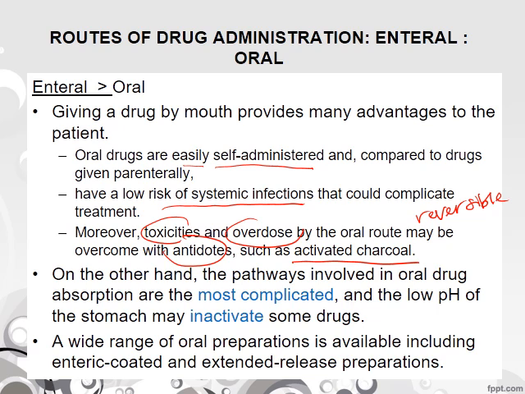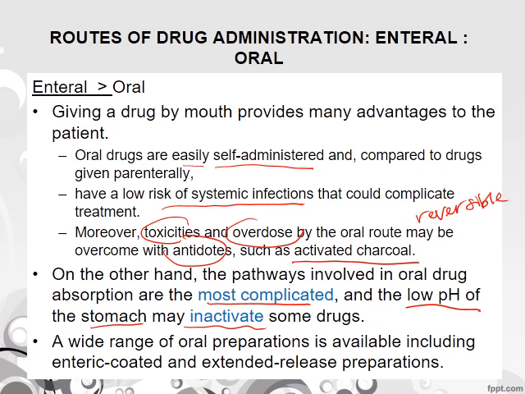However, despite the ease of self-administration, the pathway for the oral route is the most complicated. This is due to the low pH of the stomach, which can inactivate most of the drugs.